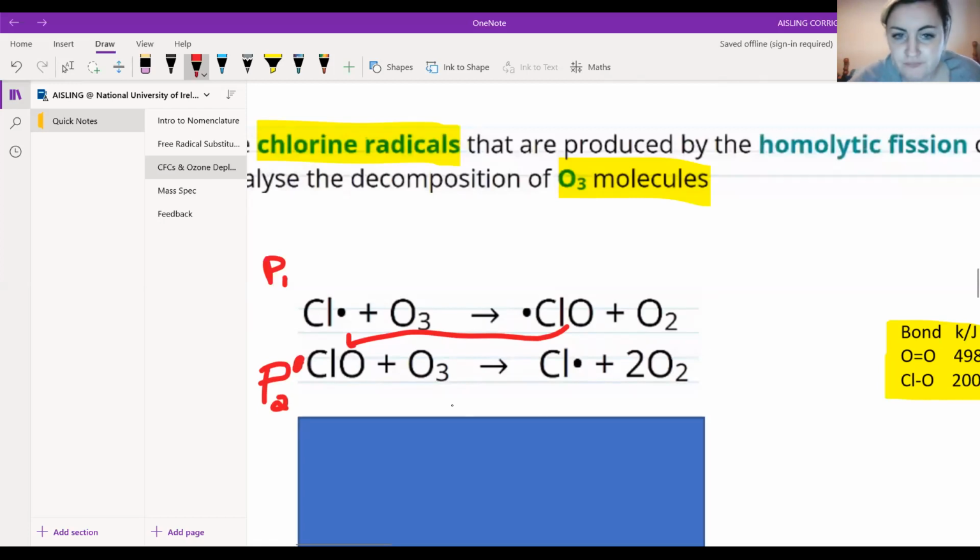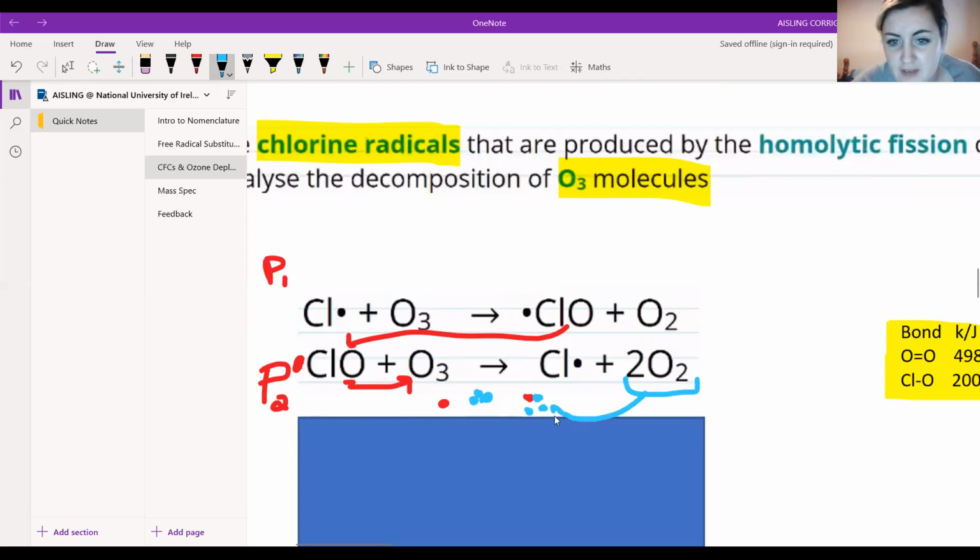And how does that happen? So the oxygen here is actually going to grab one oxygen from the O3. So if I can illustrate this, an oxygen here, I'm going to do that in blue, we've got O3, and it's going to knock off one of the oxygens to make O2. And then the O3 is left with two oxygens there. So we see where the 2O2 comes from.